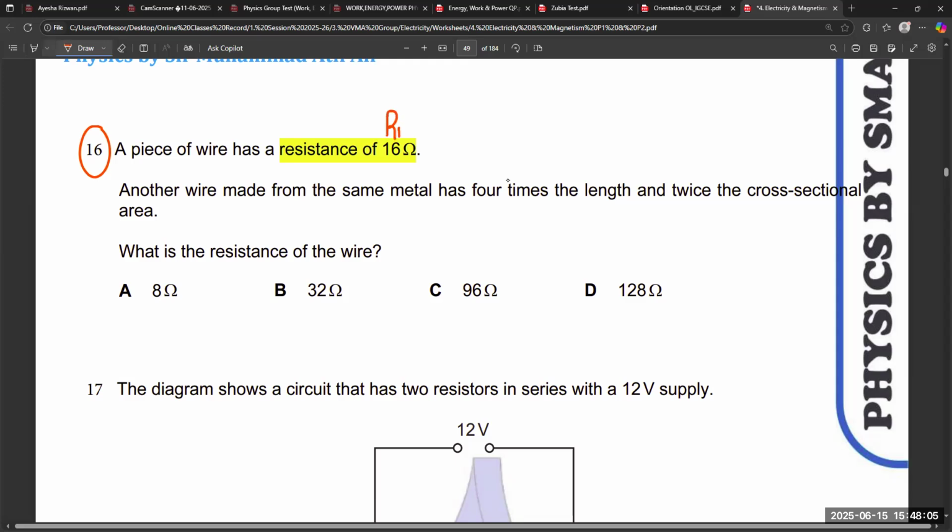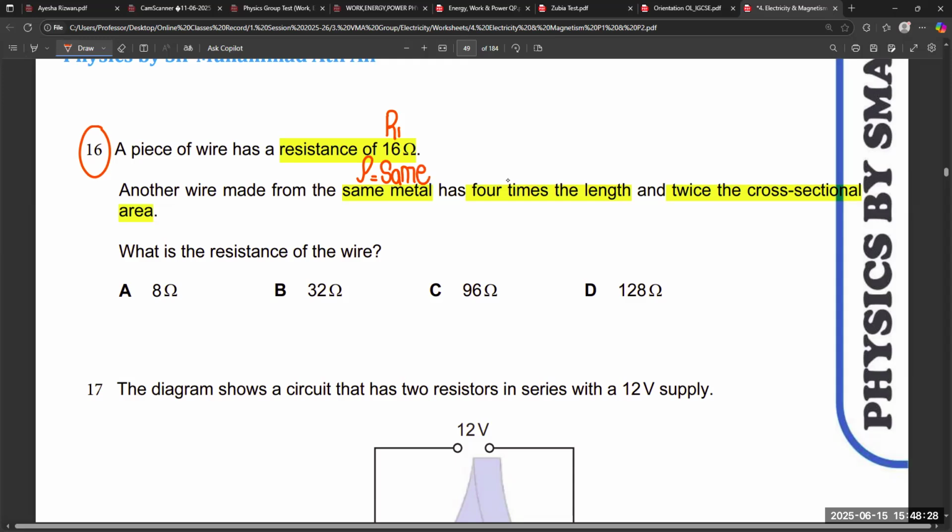And for the other wire, it is mentioned same metal. Same metal means again the resistivity is the same, and 4 times the length and twice the cross-sectional area.